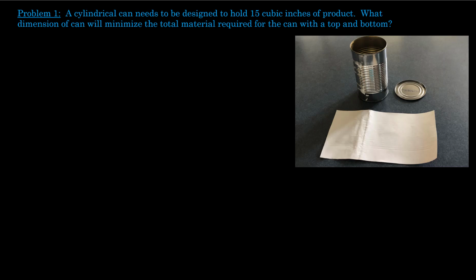Several years ago, I was at a presentation by an engineer who works for Campbell's Soup Company, and he explained that developing a can that uses the absolute minimum amount of material is essential to their company's staying competitive. He said that they produce close to 7 billion cans of soup a year.